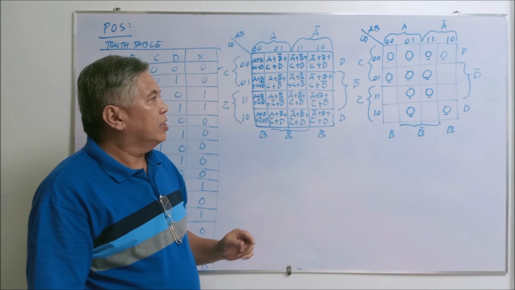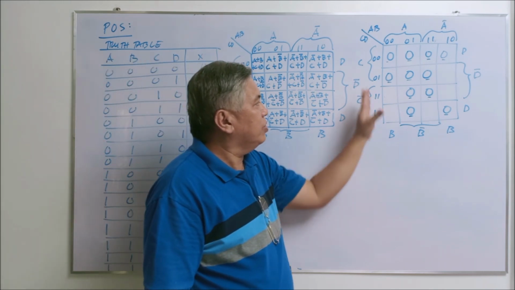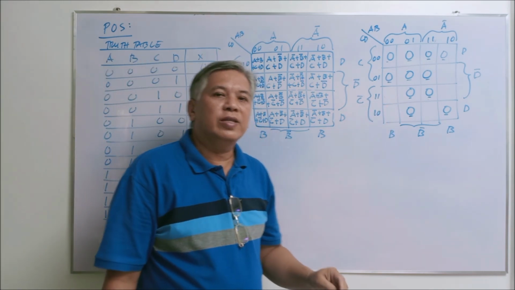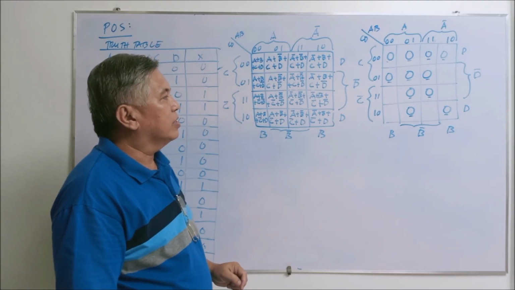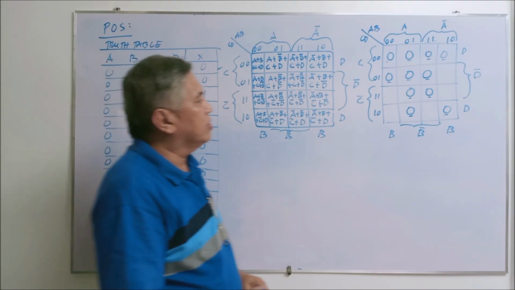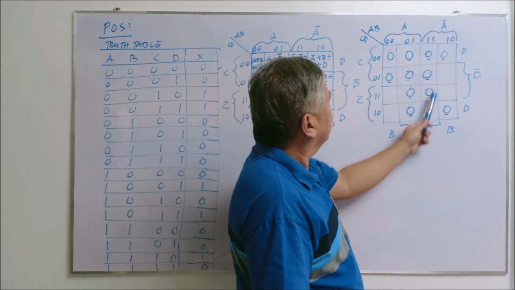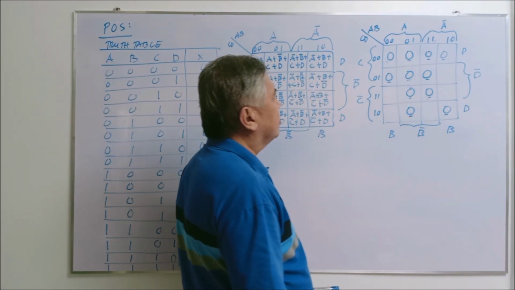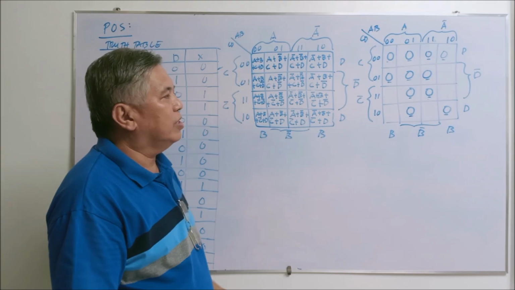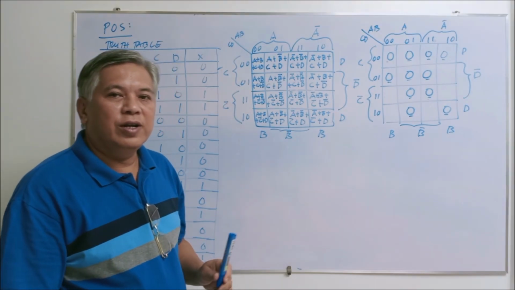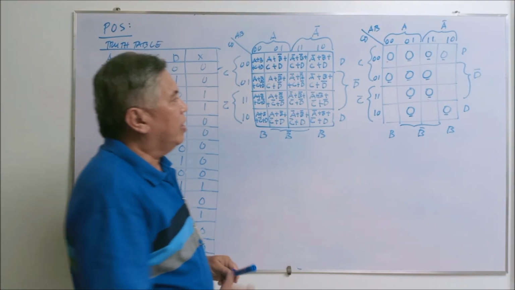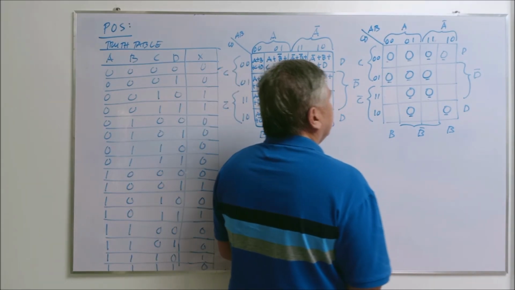Okay? So, if there is no 16 cells, then we go to 8 adjacent cells. So, we find 8 adjacent cells. We don't have any 8 adjacent cells. So, we go to 4 adjacent cells. We have here 4 adjacent cells.